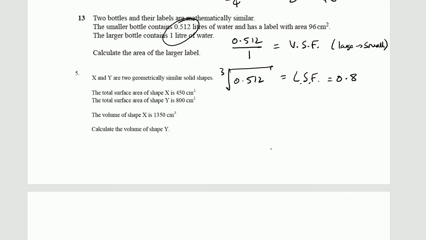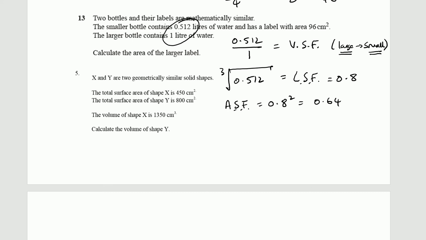To get an area scale factor now, I have to square that 0.8, getting 0.64. Remember, this is taking something on the large bottle, multiplying by 0.64 to get an area on the small bottle. Now I know the small bottle has an area of 96 square centimeters.